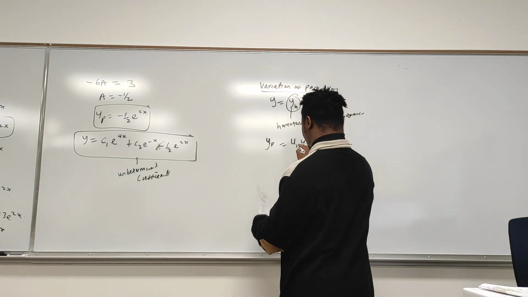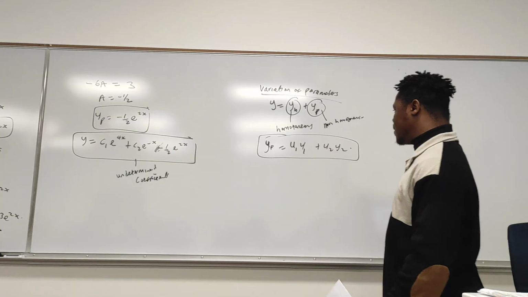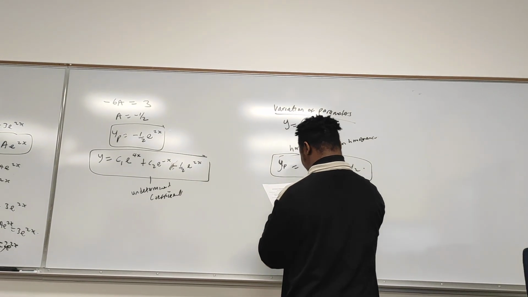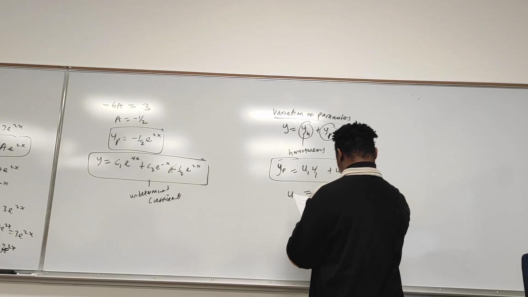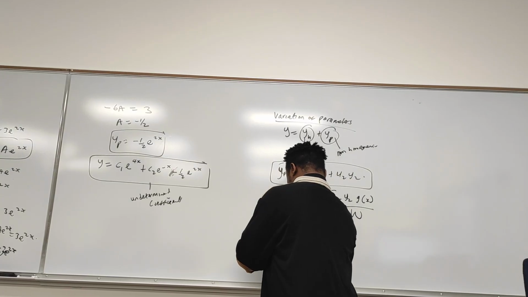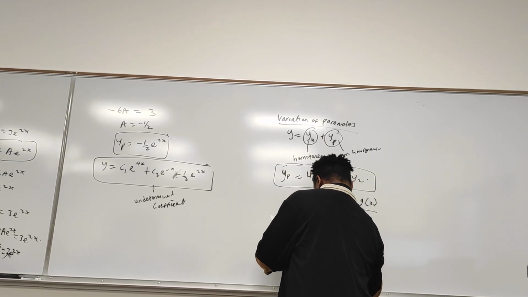This is the formula for yp for the other method. And then our u1 is given as the integral of minus y2 g of x over w, and u2 is the integral of y1 g of x over w.